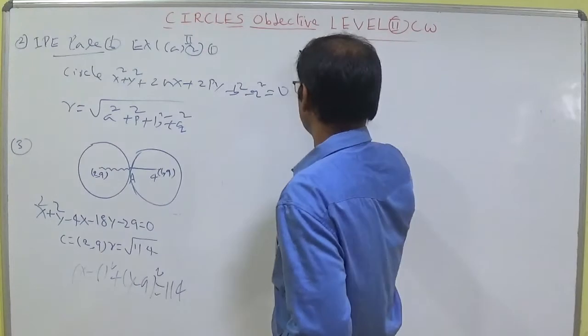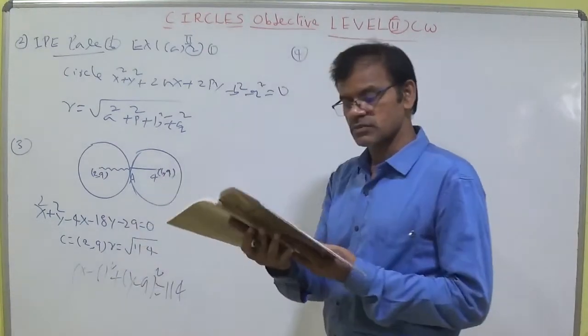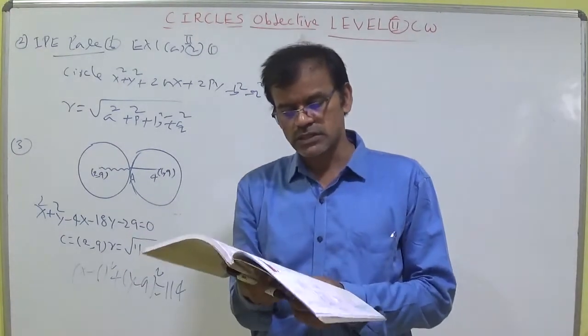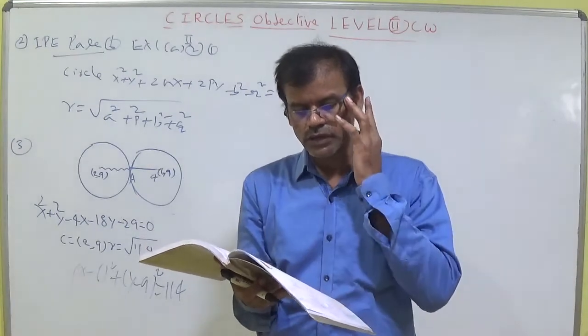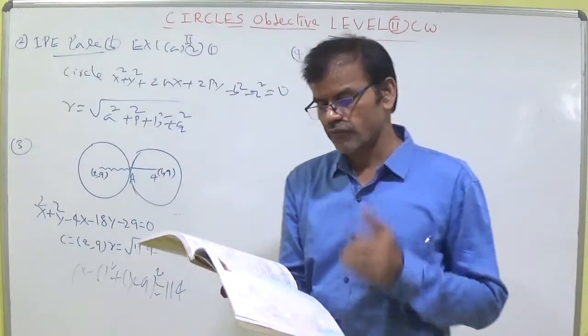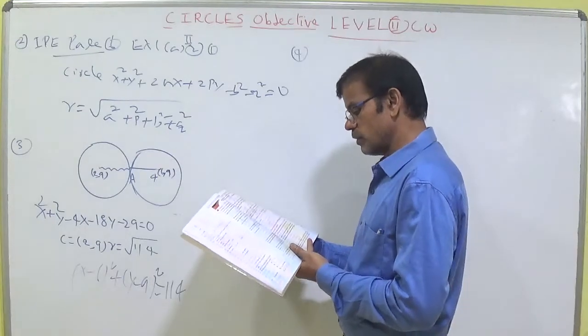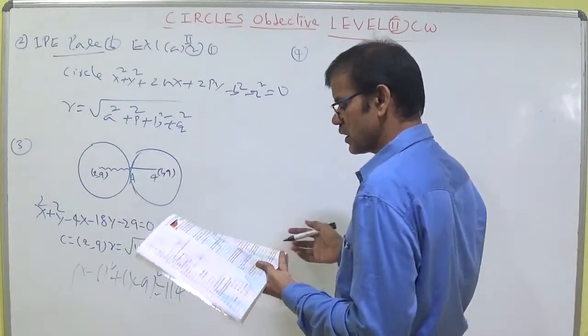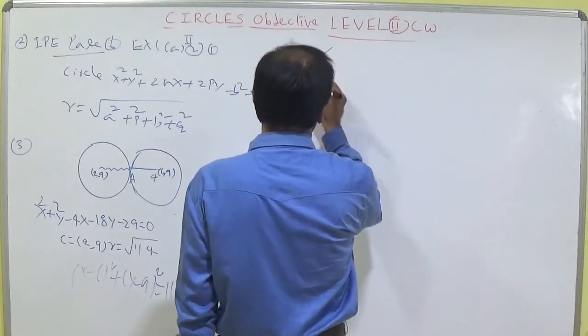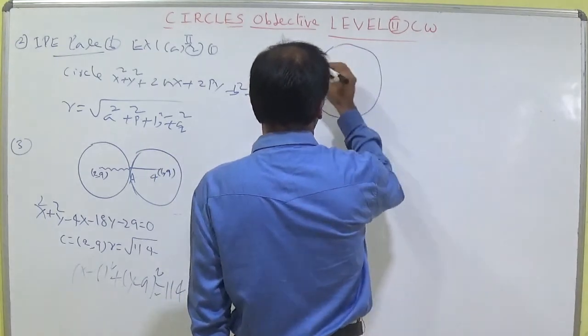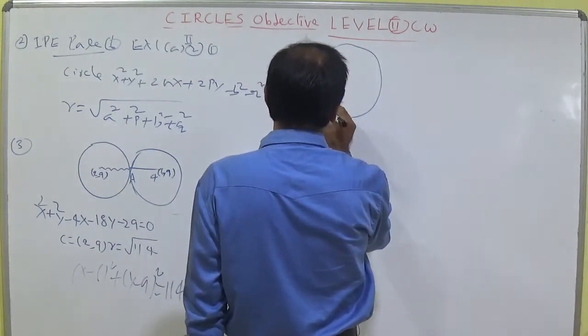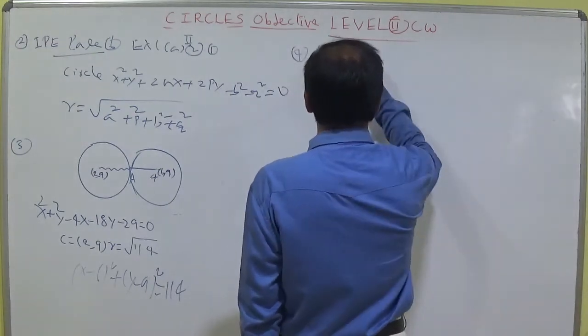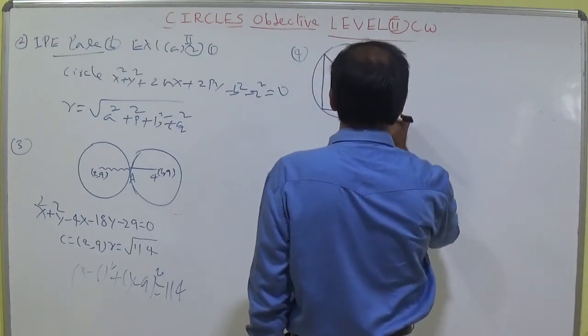Fourth question. From the fourth question onwards, locus sums. A circle of constant radius 3k passes through 0, 0 and cuts the axis in A and B, then the centroid of triangle OAB. A constant circle of radius 3k is given. It is cutting the axis and radius 3k.